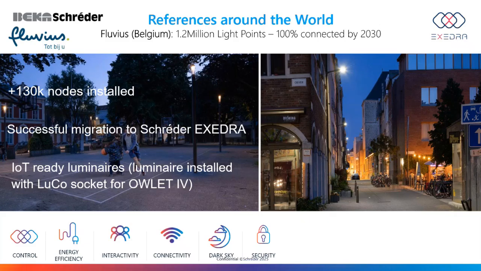With this specific use case, they had Exedra control. We have the baseline fundamental of the energy efficient luminaire itself. There's interactivity with the sensing involved, the connectivity, the Wi-Fi hotspots that you can create with the luminaires, dark sky compliance, which is creeping into specifications more and more, with regards to light pollution, and then the security involved.